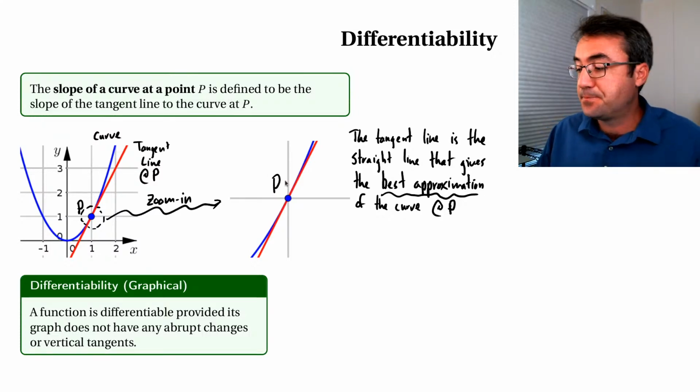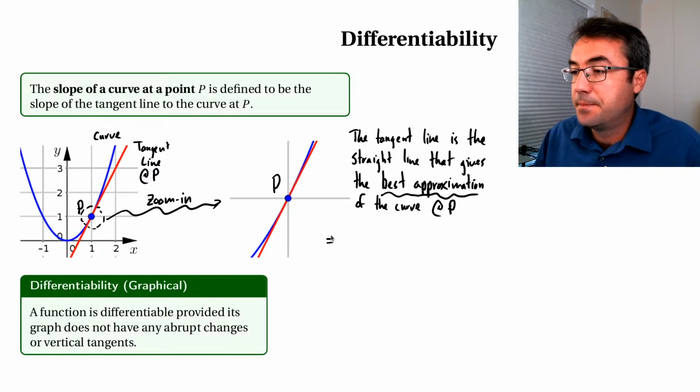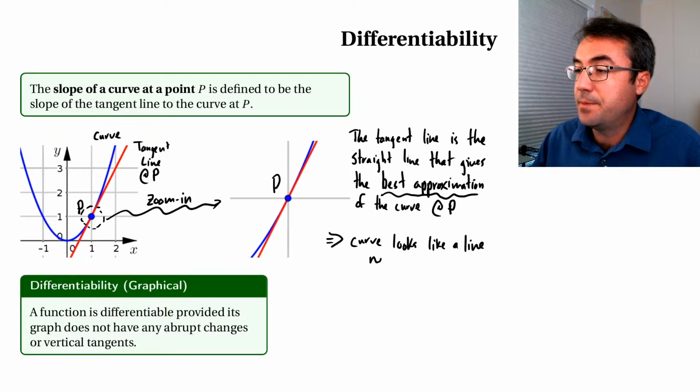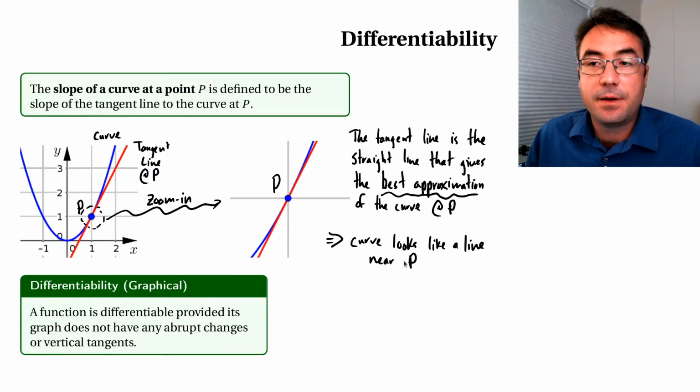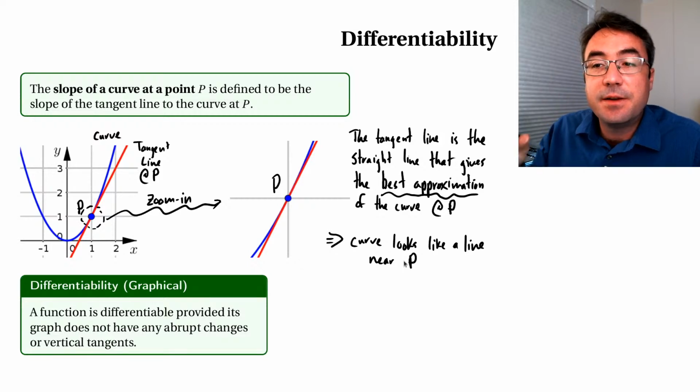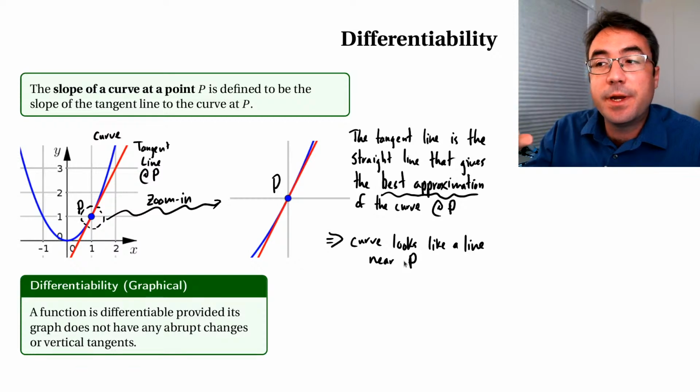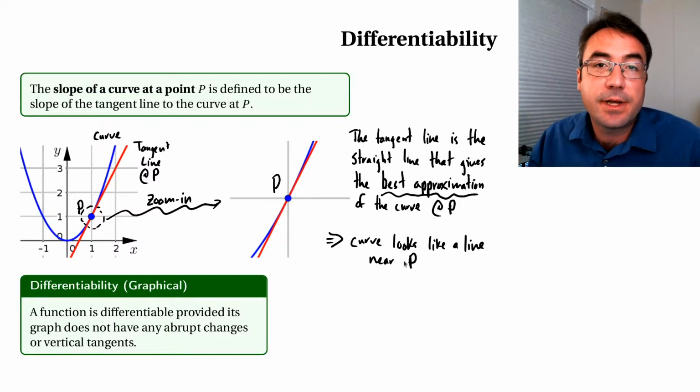They overlap. So another way to think of this is that our curve looks like a line near point P. And so really that's the idea of what a differentiable function means: if you were to zoom in really close on each point, the curve is actually just going to look like a straight line.